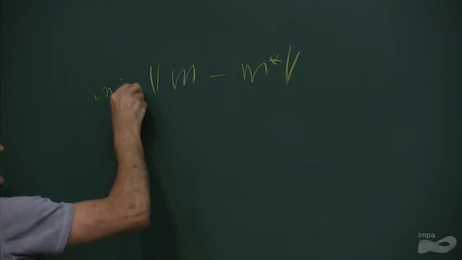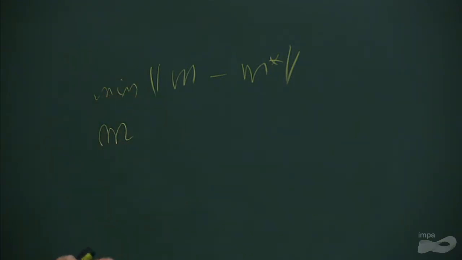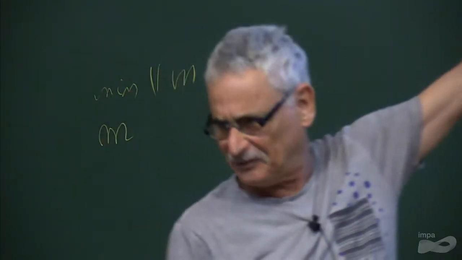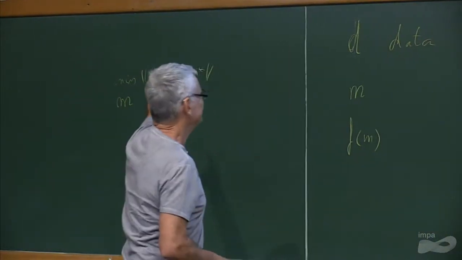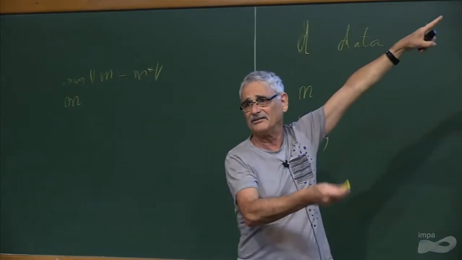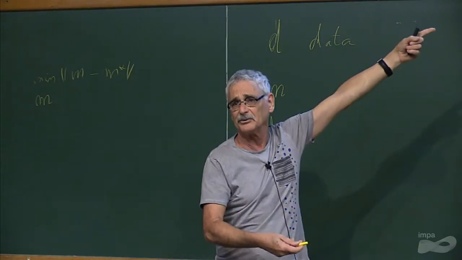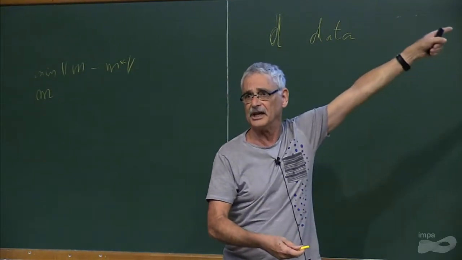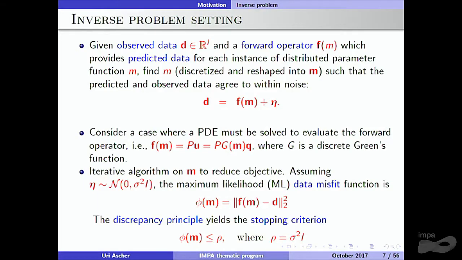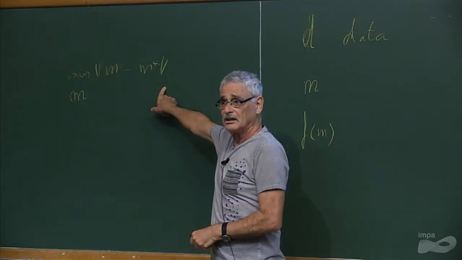That's what we want. That's what we have. That's the difference, yeah? We don't have this, but we have phi of M. We can evaluate phi of M for any M, and that's why we measure this and we reduce that. But it's not obvious that doing this will give you that, okay?